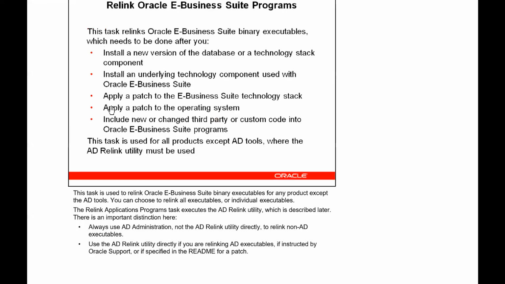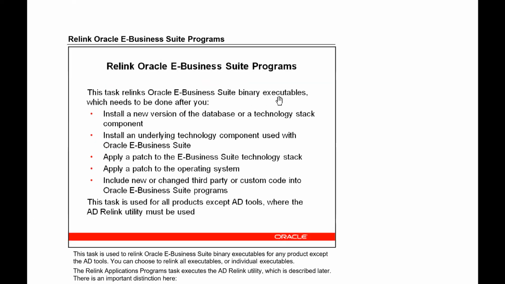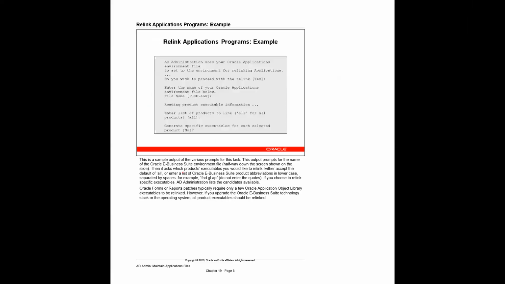This relinks Oracle E-Business binary executables, which needs to be done when you install a new version of a database or a technology stack, or an underlying technology component used with Oracle E-Business, or when you apply a patch on the E-Business technology stack, or a patch on the operating system, or you include new or changed third party or custom code. In those cases, you may have to run relink application programs.